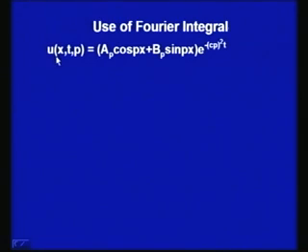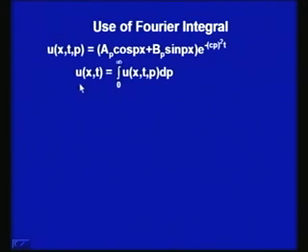We have the solution depending upon a parameter p as u(x,t,p) equal to [a_p cos(px) plus b_p sin(px)] into e to the power minus c square p square t. Now, let us define u(x,t) as an integral over this parameter p.